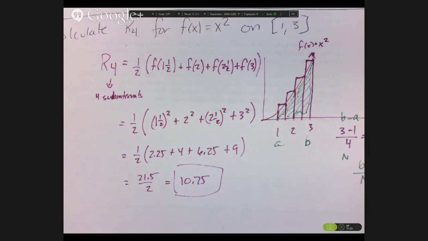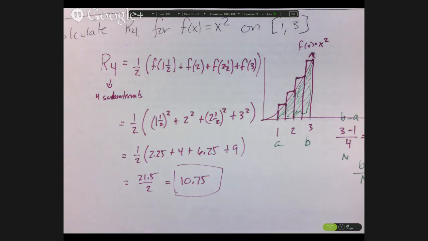Do you have any questions? You're okay calculating area? Do you need me to talk about the left-handed endpoints at all? It's the same thing, you're just doing it on the left.